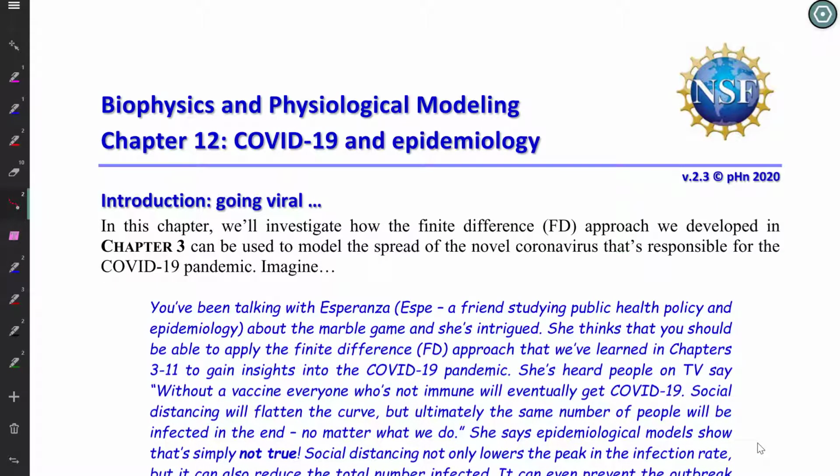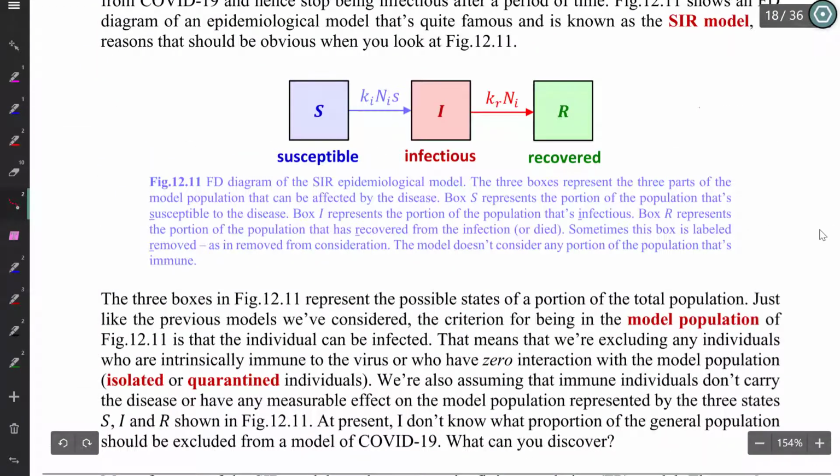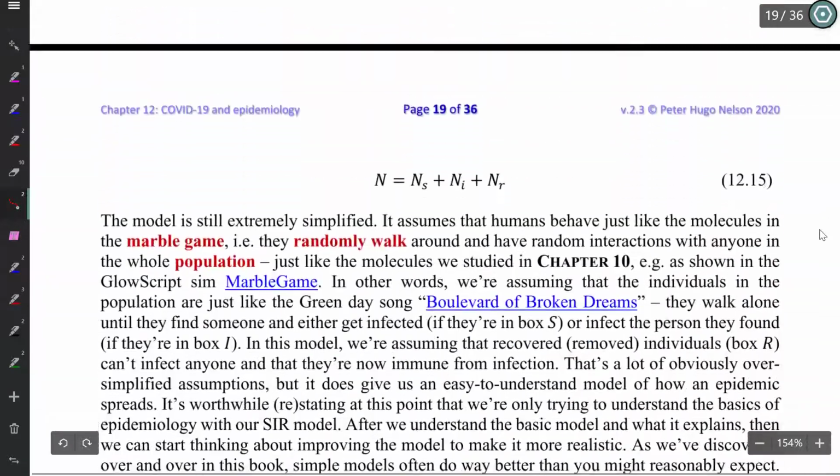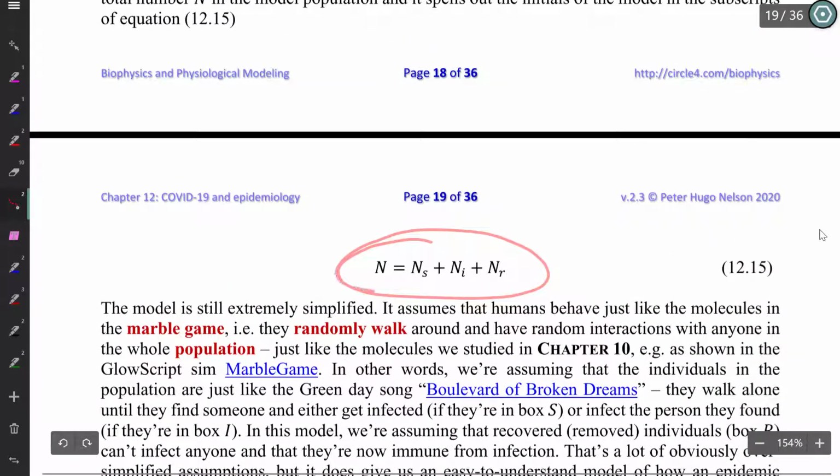Okay, so now let's go to the chapter, and the place that we want to go to is on page 18. Here it is. So this is the diagram that we were just talking about. This is just a bookkeeping equation.